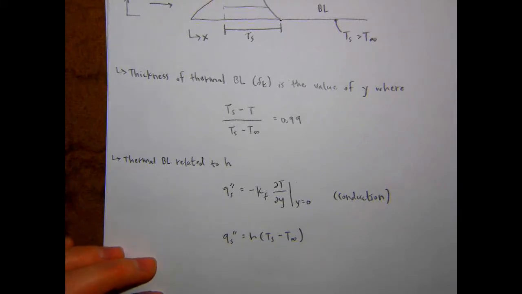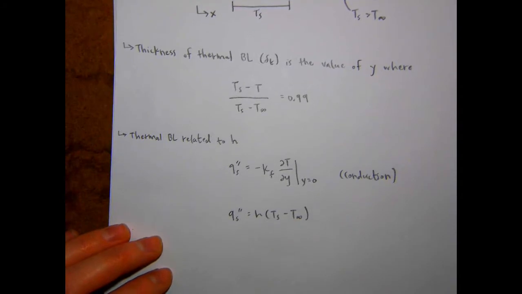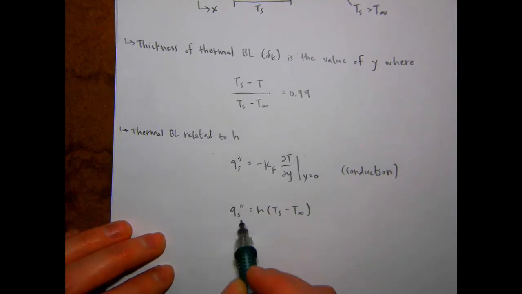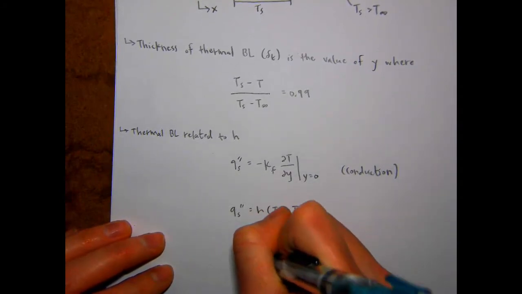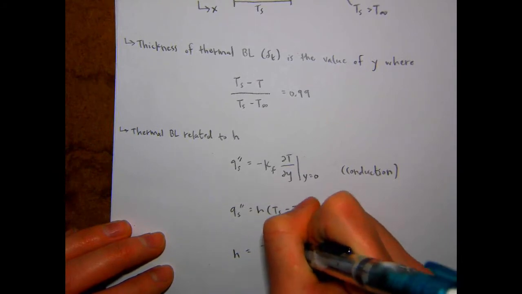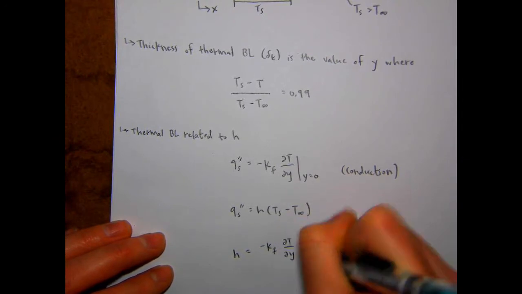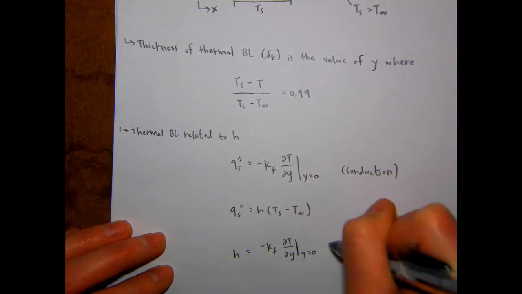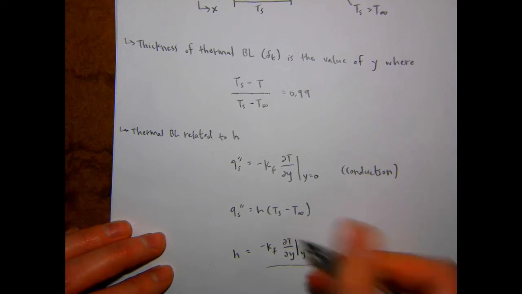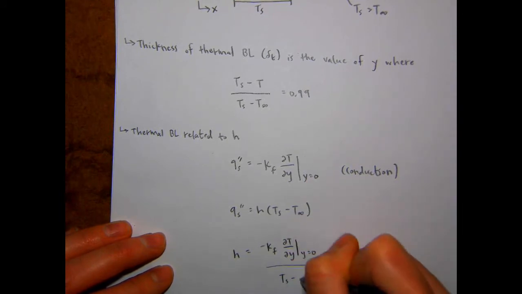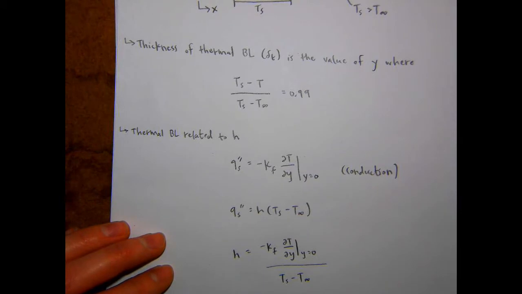And then if we set these two equal to each other, we can solve for h, which is negative k sub f partial T partial y at y equals 0 divided by T sub s minus T infinity.